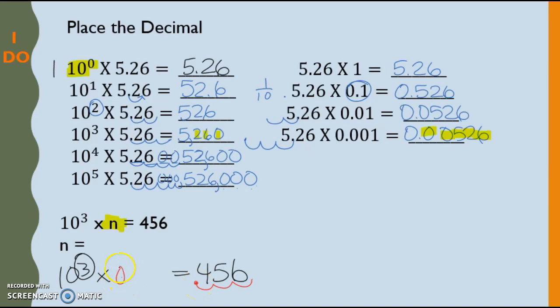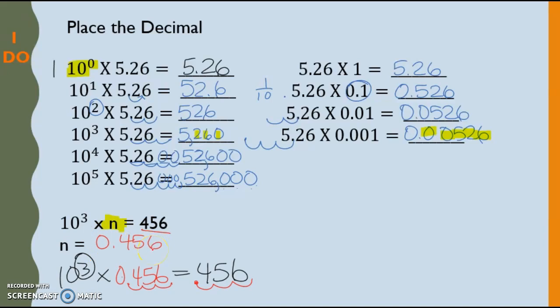Because I'm saying there's some number that when I move the decimal point 3 times to the right will equal 456. Well, to figure that out, I have to do the inverse. So the inverse would be to move the decimal 3 times to the left, so that I would say, oh, I have 456 thousandths.